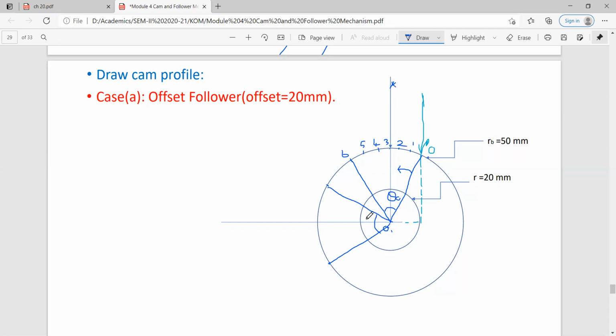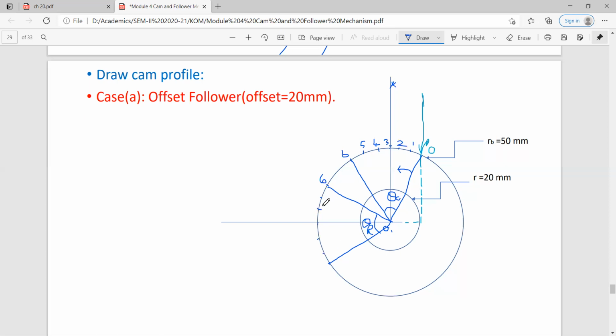Similarly, the angle of return should also be divided into 6 parts. So this point 6 I will carry forward, same 6. Then I will divide it into 6 equal parts: 1, 2, 3, 4, 5.